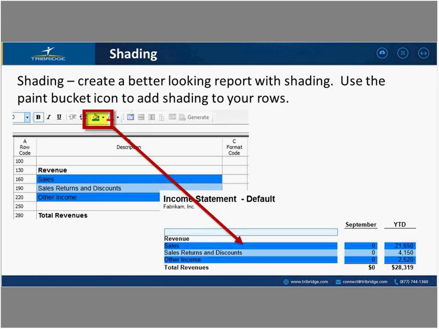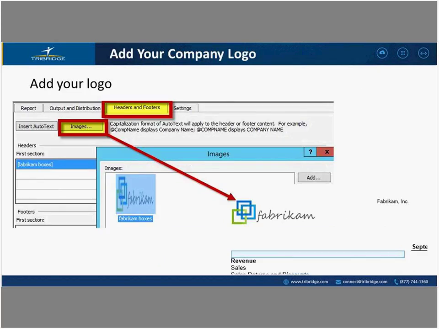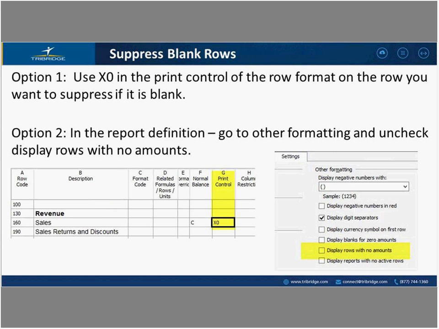We're going to talk about a couple more features here. If you remember a minute ago when I went into the row format and indicated that there were some other options there, there's a print option where you suppress it if it's blank, meaning it will not print on the report if there's no amount for a specific line item.